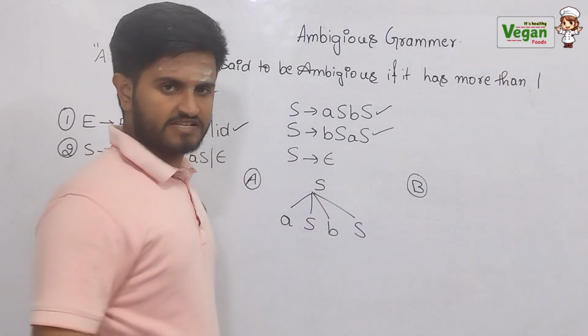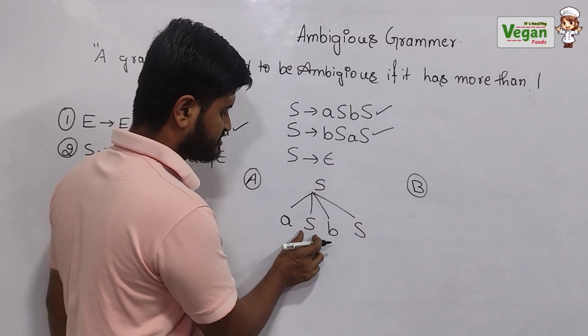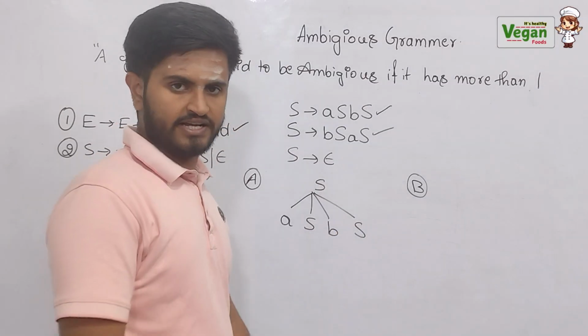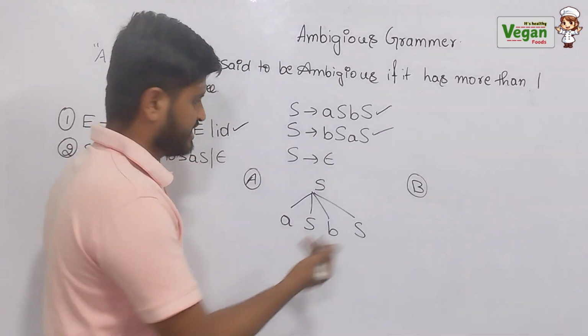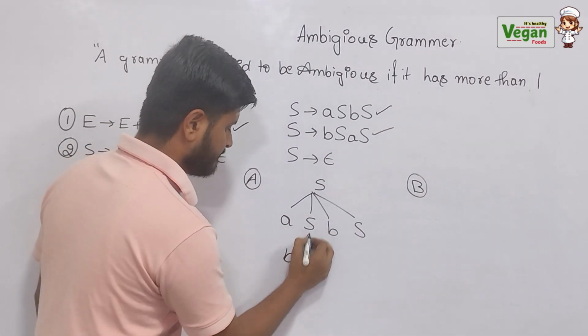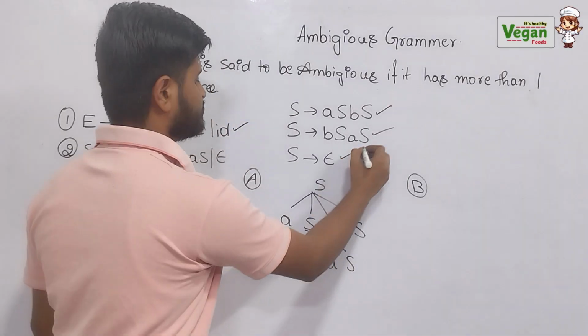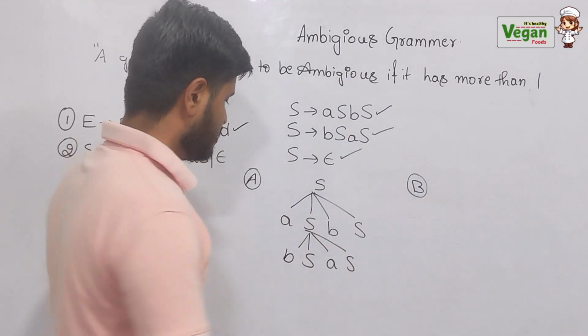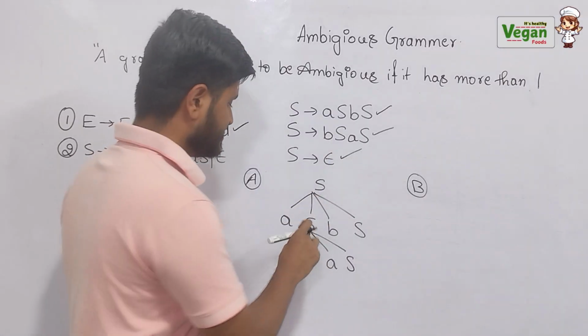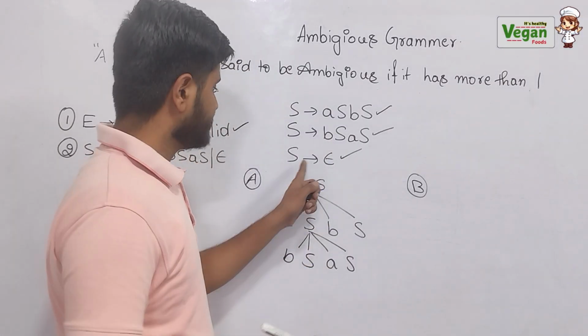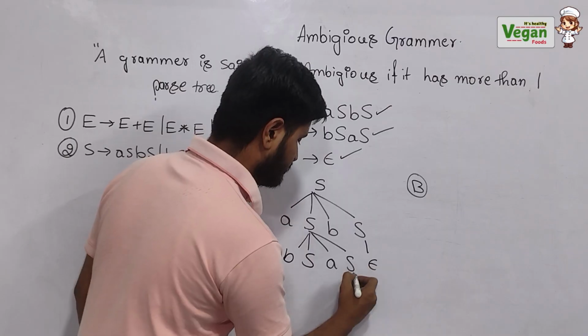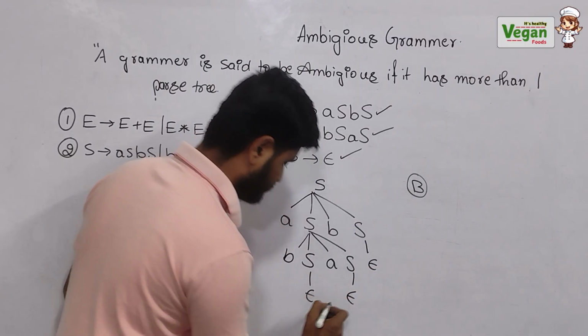Now, S producing BSAS. You can take this capital letter S or this capital letter S, so let us go with this one only. So B, S, A, S. Another production is S producing epsilon. Wherever capital letter S is at the leaf node, just write epsilon.